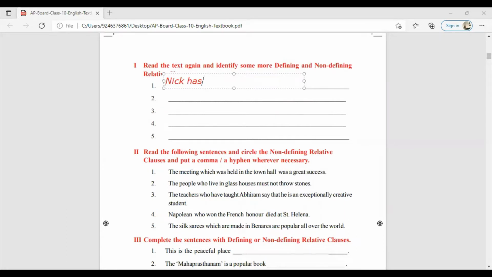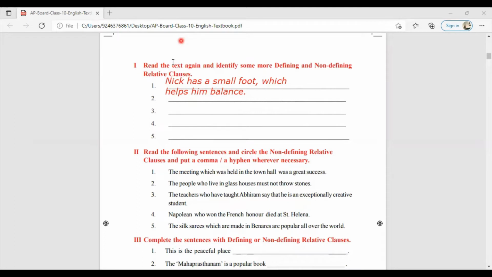Now identify whether this is defining or non-defining. This is a non-defining clause, because if I remove 'which helps him balance', I can still say Nick has a small foot.